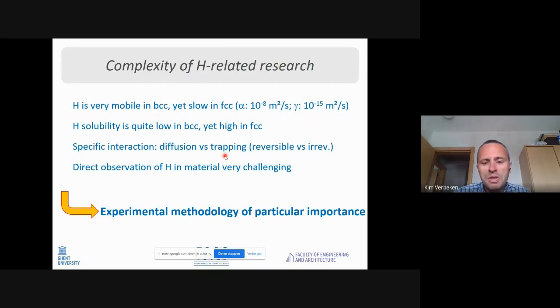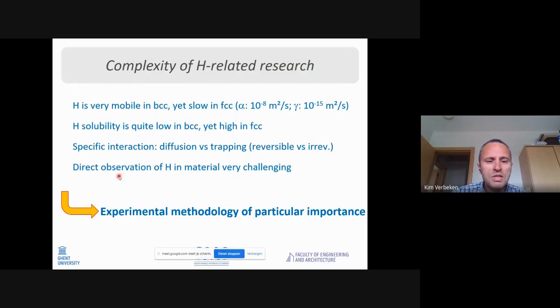This trapping can be reversible, which means that hydrogen escapes easily from the trap, for example when you apply some additional higher temperature, it escapes very quickly. But it can also be irreversible, which means that at room temperature, once it's trapped, it stays there, and it only starts moving when you put a high amount of thermal energy in your material, when you go to temperatures of 500-600 degrees centigrade.